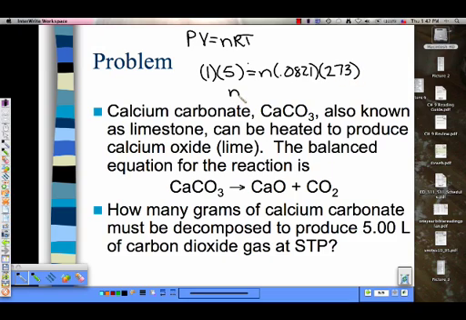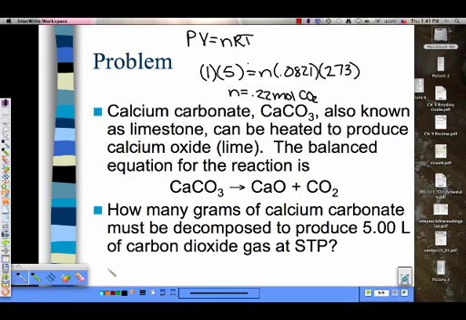Okay, so when we calculate this, let me calculate n real quick. We have 5 divided by 0.0821 divided by 273. I get 0.22 moles, and that's of carbon dioxide. So now we're going to have to convert carbon dioxide into calcium carbonate.